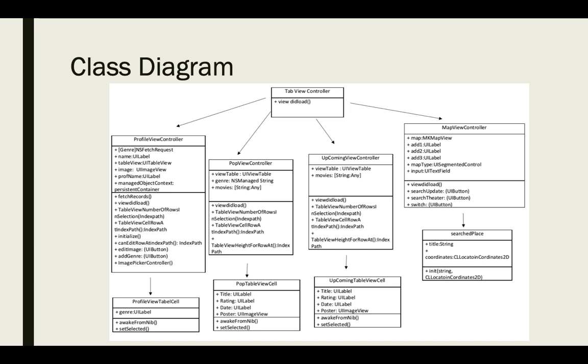And same thing with the upcoming view controller. It has a view table, but instead of what's popular showing right now, it's what's going to show later in the movie theaters. And we have the map view controller, which just shows three addresses and places where a movie theater would be.